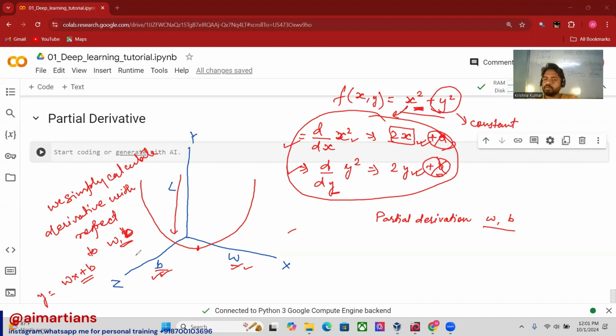So this is all about partial derivative, and its simple use is to reduce loss. That's it. Reduce loss.